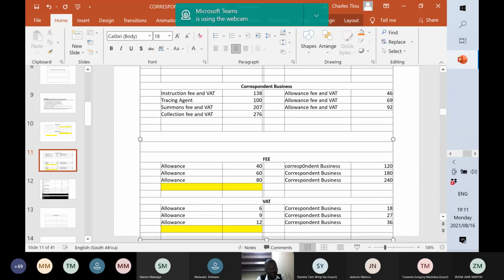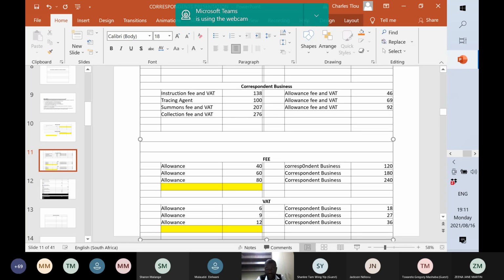Now you have recorded everything as per that statement. And then it says, in debiting the fees, you are entitled to collection commission and provision should be made for VAT at 15%. The usual 1/3 allowance is also applicable. You are required to record the above transactions in your books of account and account fully to your correspondent by preparing an accounting statement. So that's exactly what we have done.